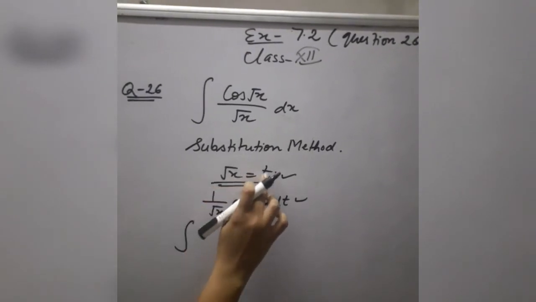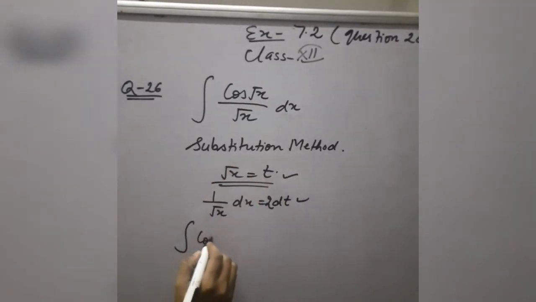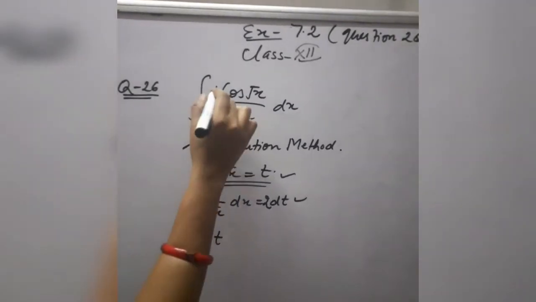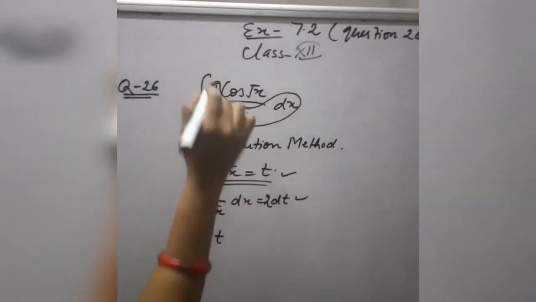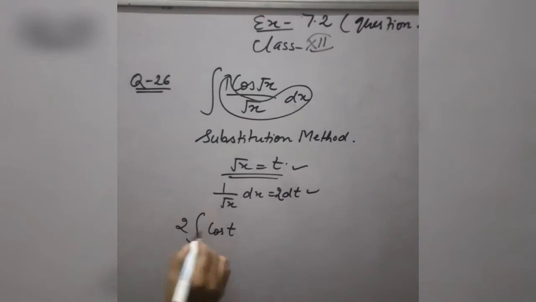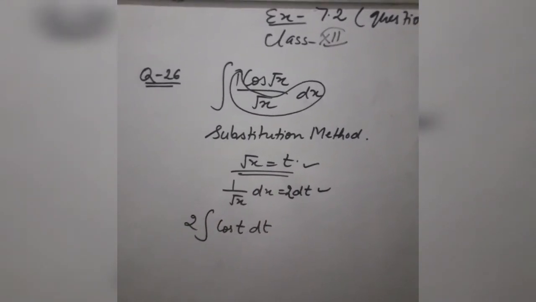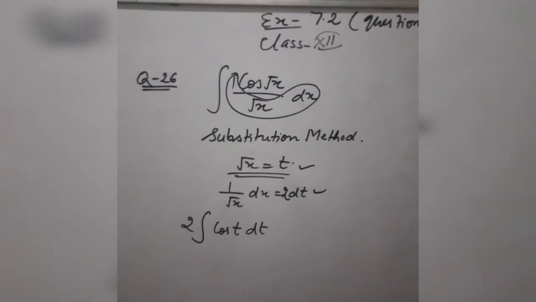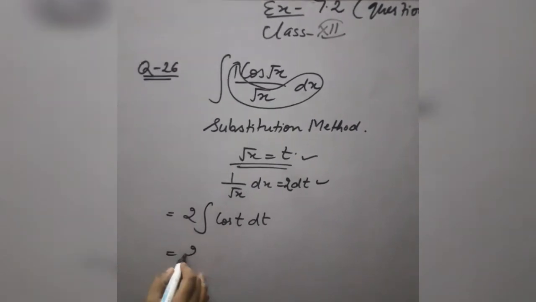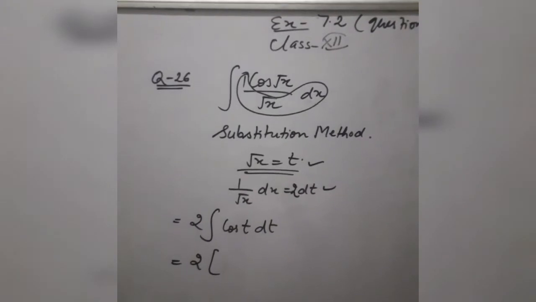If you are taking root x is equal to t, it becomes cos t, and this 1 by root x into dx, this is equals to 2 into dt. 2 is constant term, that's why you can take this 2 common outside the integration. And all of you know the formula for integration of cos.